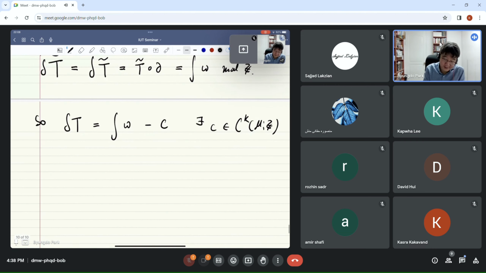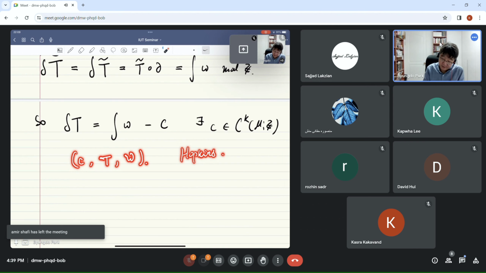This is an aside because I just talked about this. You can even define a differential cohomology using these triples. Let's say this C is the topological data, this T is the homotopy data, and this omega is the differential form data. Taking this triple, you impose appropriate equivalence relations on these triples, and then you can define the same sort of differential cohomology. This is actually done by Hopkins and Singer.